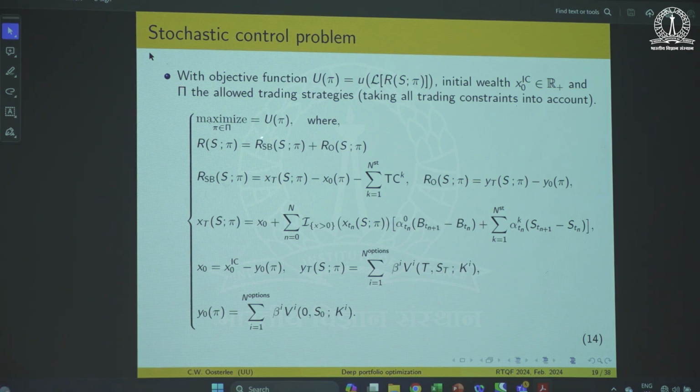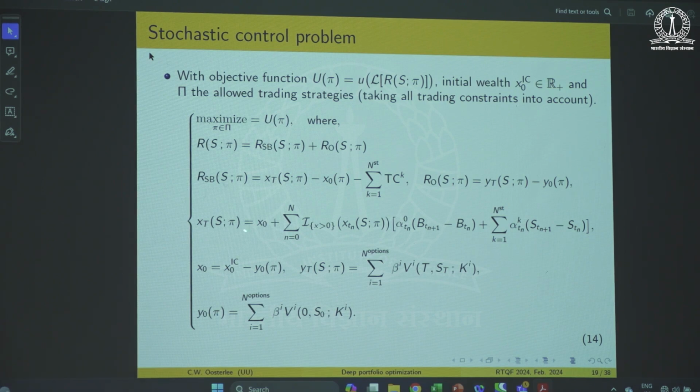The return is the return from the stocks and the bonds plus the return from the options. From the stocks and bonds, it is the final wealth minus the initial wealth minus the transaction costs. And the return from the options is the return at final time from the options minus the return at initial time from the options.